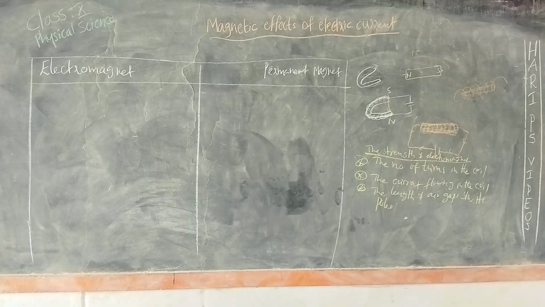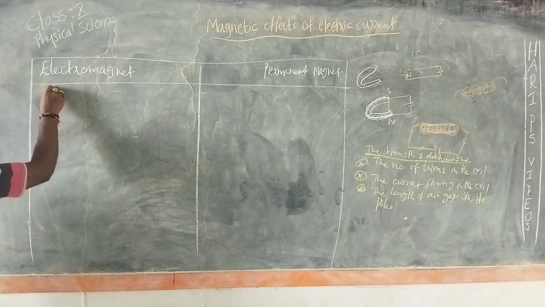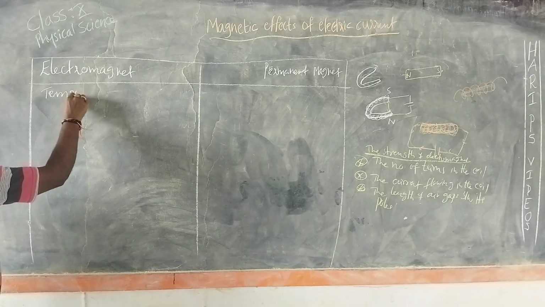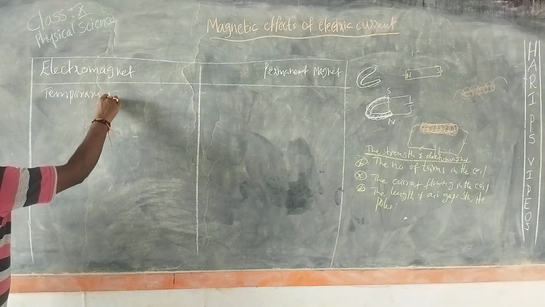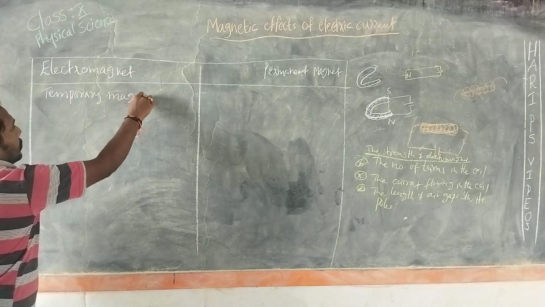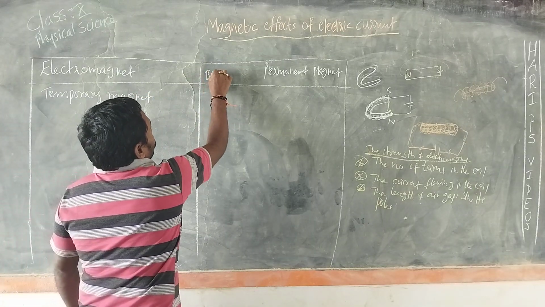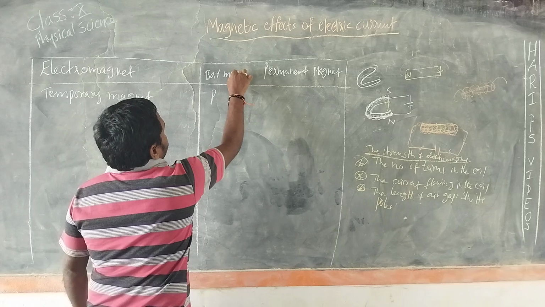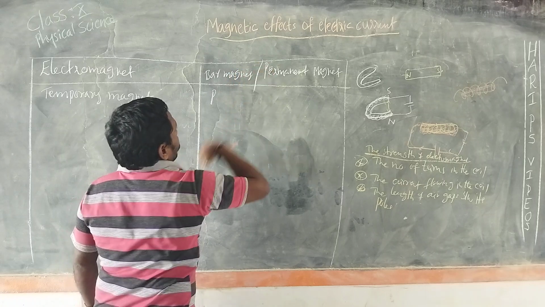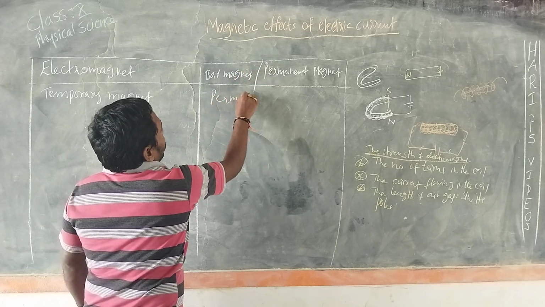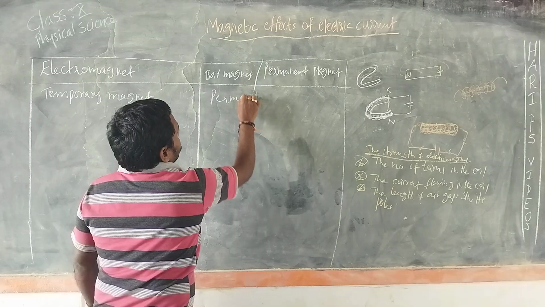So an electromagnet is a temporary magnet. Here we have the bar magnet. It is a permanent magnet.